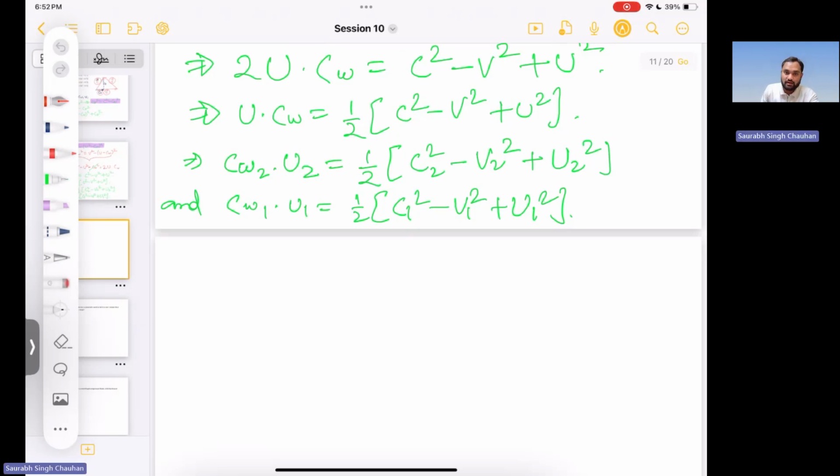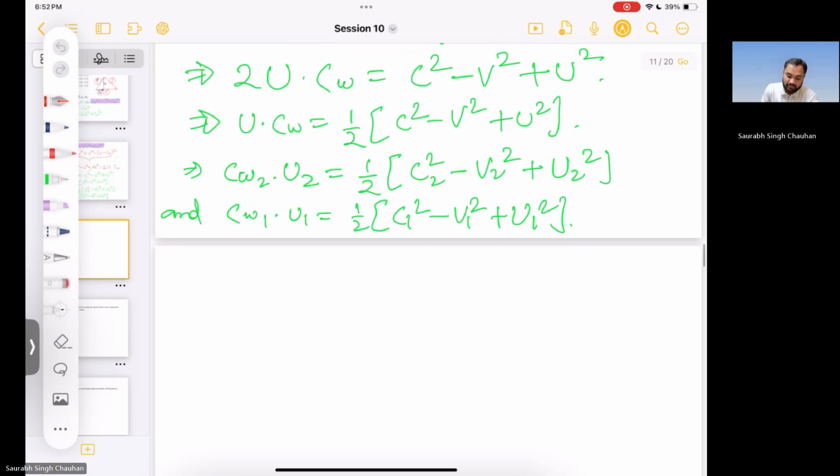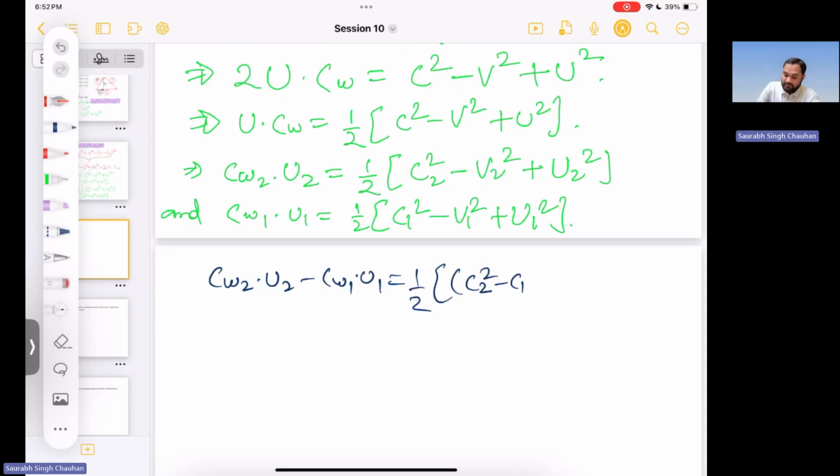So now you can write CW2 U2 minus CW1 U1 is equal to half (C2 square minus C1 square plus U2 square minus U1 square minus V2 square plus V1 square).